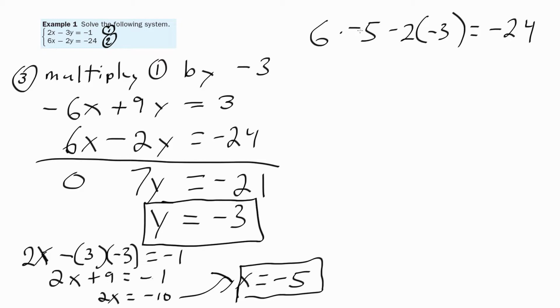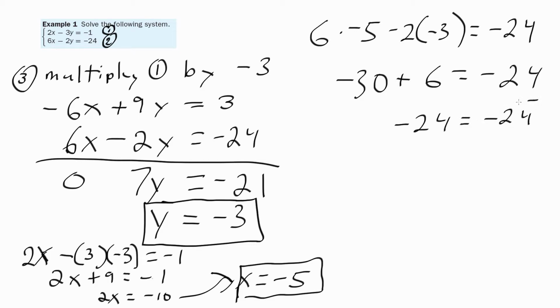So 6 times negative 5 is negative 30. Negative times a negative is a positive. 2 times 3 is 6 equals negative 24. Negative 30 plus 6 is negative 24, equals negative 24.